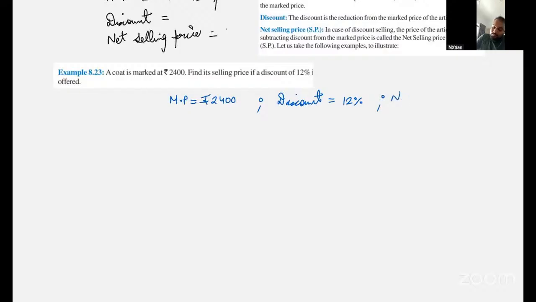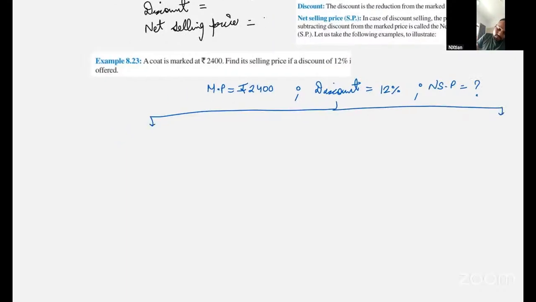I told you how to find the decrease percent, because discount is a decrease. There are two ways, and I will show you both. The first way is to first calculate the discount price.